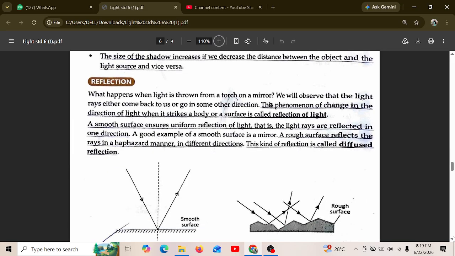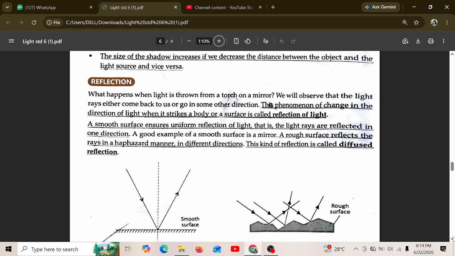Moving on to the next topic, that is reflection. When we are talking about shadows and opaque objects, obviously children, we are going to talk about reflection. We discussed the moon reflecting the light which it receives from the sun in our previous video, if you remember.